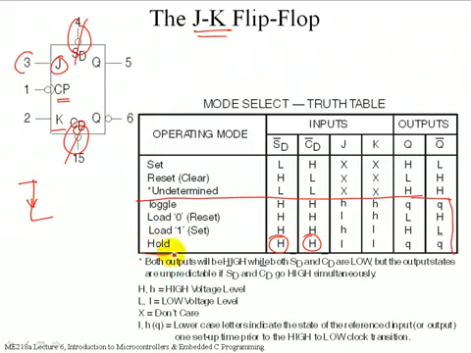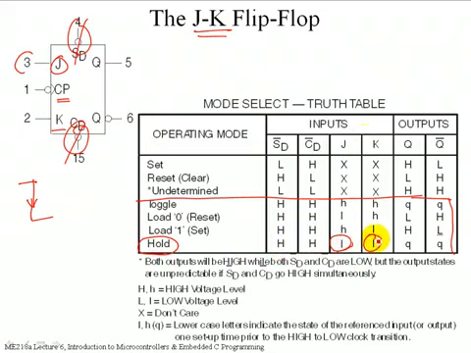That function is described as hold. So this is the memory state, or hold a memory state for this particular kind of device. I want the J and K, so when they're both low.